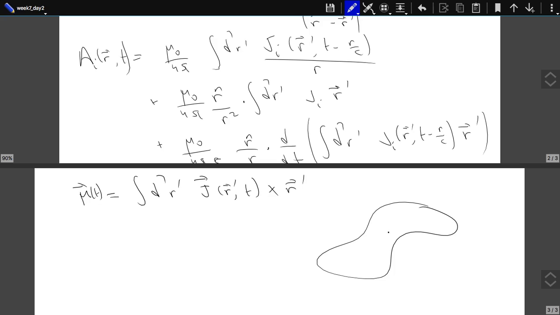We have a loop. Okay, so here there is some current running I. So this is my dL. That wire will contribute to the magnetic dipole moment by an amount, let's say this is dA. Its contribution will be I times dA.